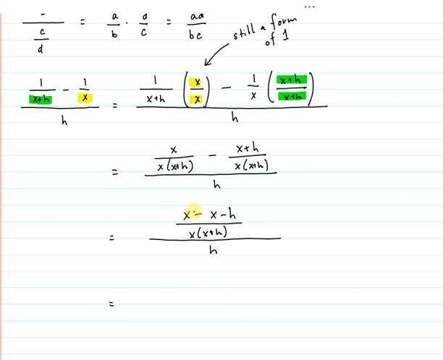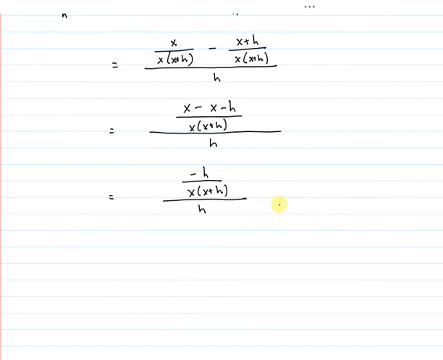In the top, the x minus x, that means the x goes away. I get negative h over x times x plus h all over h. Now I need to multiply by the reciprocal of the denominator.